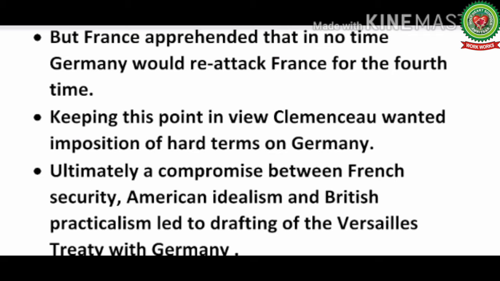Ultimately, a compromise was made between the big three leaders of the world. A compromise was finally reached between the American idealism of Wilson, the French fear of security presented by Clemenceau, and the British practicalism of Lloyd George. So, the Treaty of Versailles was signed with Germany.